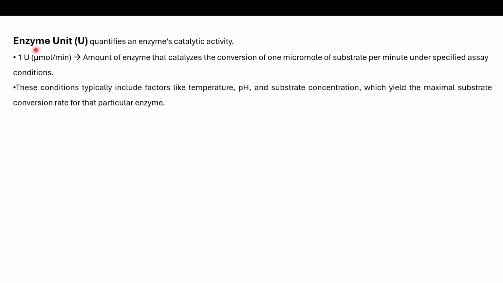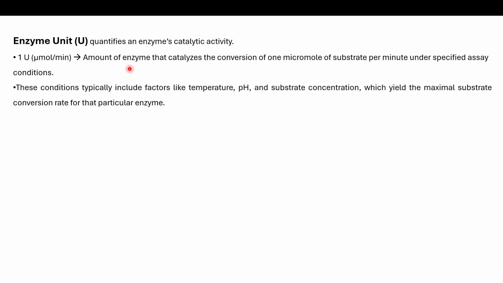So how are these enzymes actually denoted and quantified? It's called enzyme unit, or U, which is micromole per minute. One U stands for the amount of enzyme that catalyzes the conversion of 1 micromole of substrate per minute under the given assay conditions.